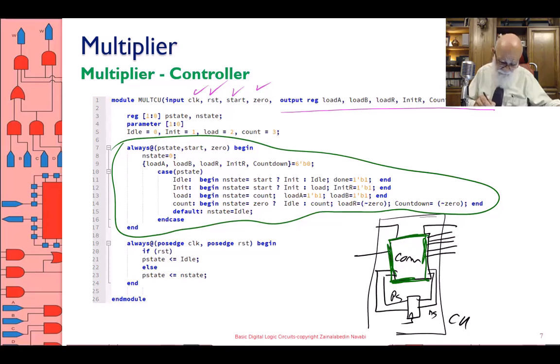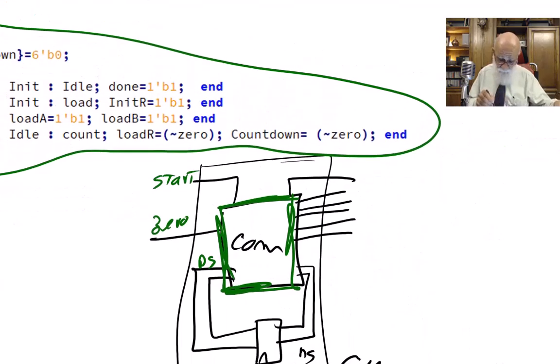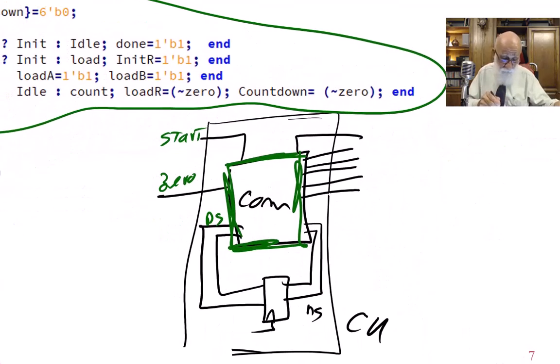It has the P state as input. It has the 0 coming from the data path as input. It has the start coming from the outside world as input. So they are in the sensitivity list. The outputs are next state and all those signals.